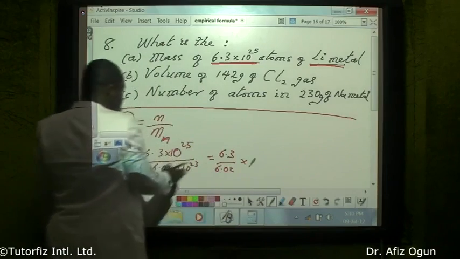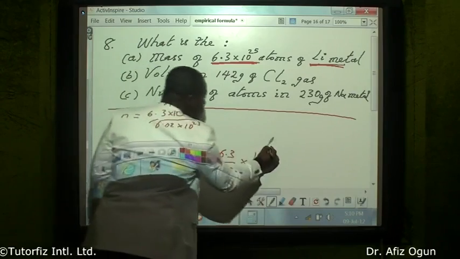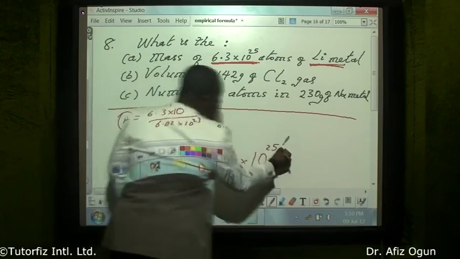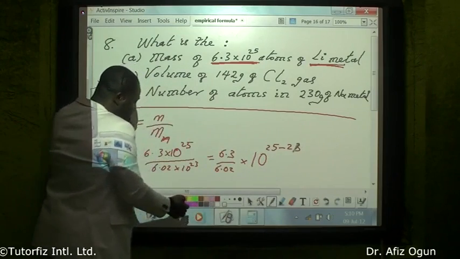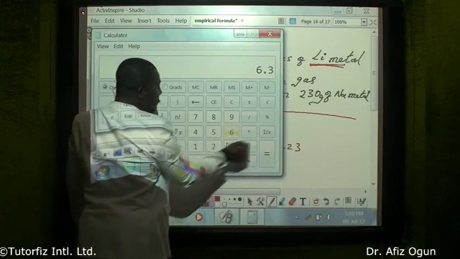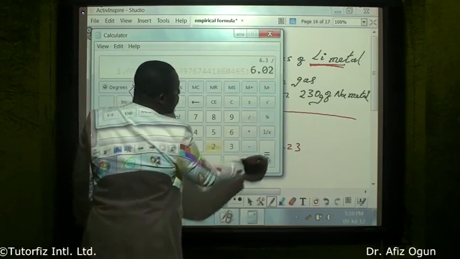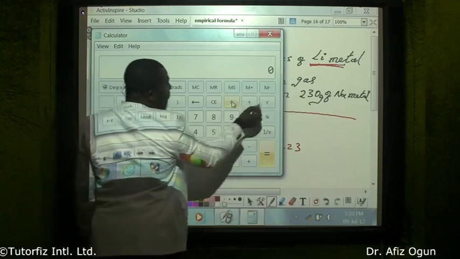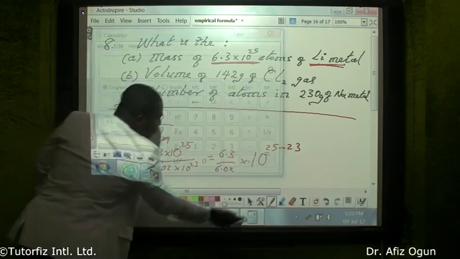Multiply by all the 10. There's 10 here, there's 10 here. This is 25 up here, I put it there. And this one, when I take it up, it becomes minus 23. So I have 6.3 divided by 6.02 equals 1.05.